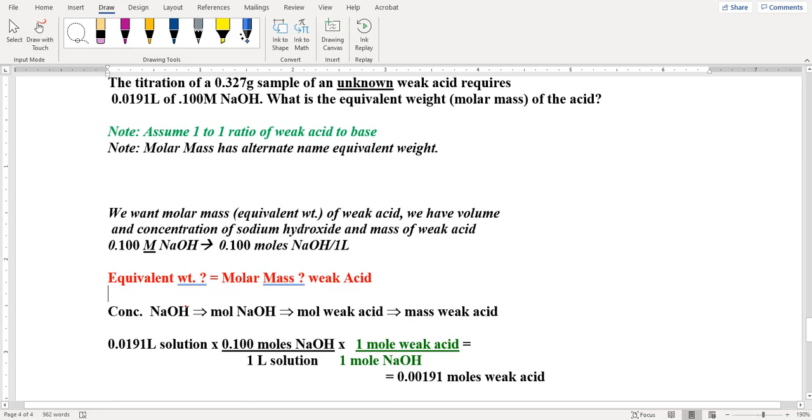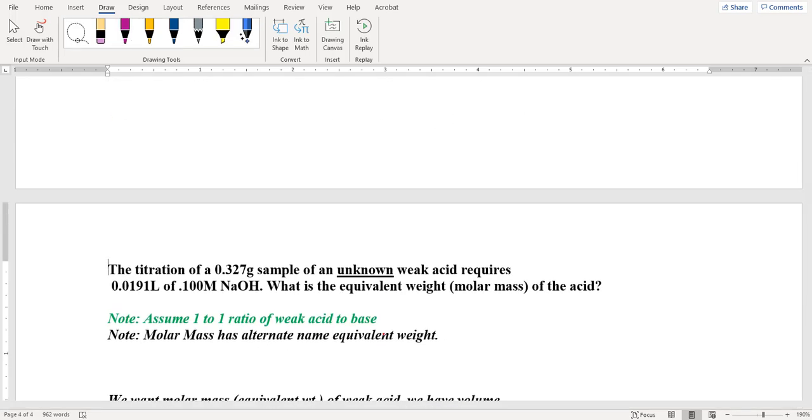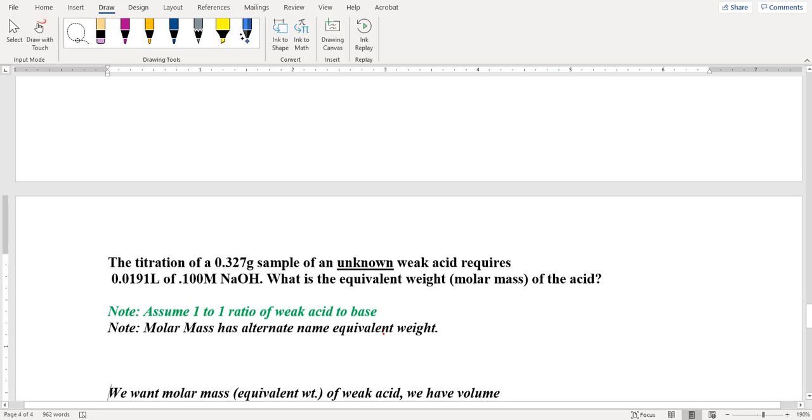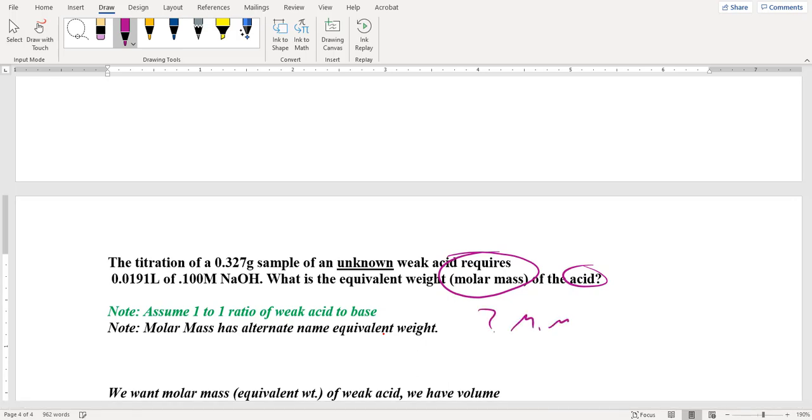Now this last one is a little bit different, but we can use titration calculations to figure out the molar mass of an acid. So this is pretty cool, because once we know the molar mass, we can go ahead and use a special table to look up the molar mass to figure out our unknown identity.